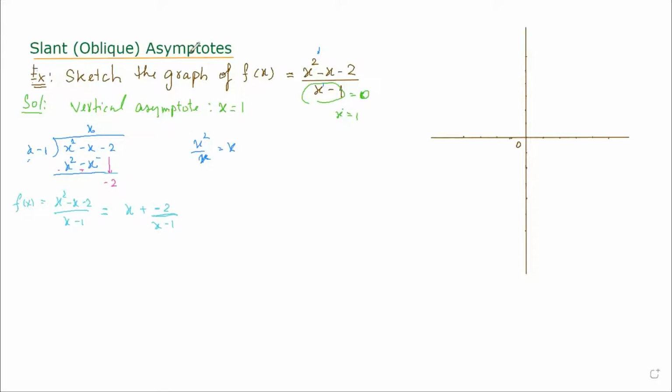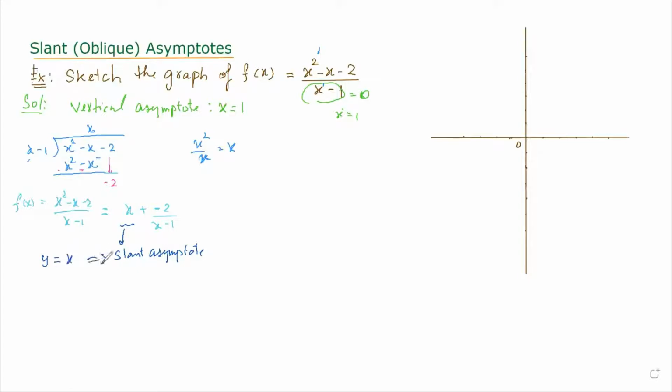So after this, we know right away that this x is the slant asymptote, which is y, so we can say y equals x.